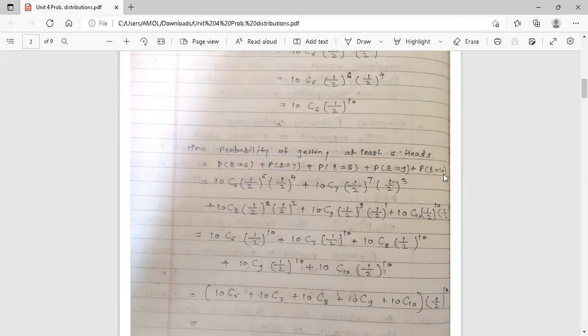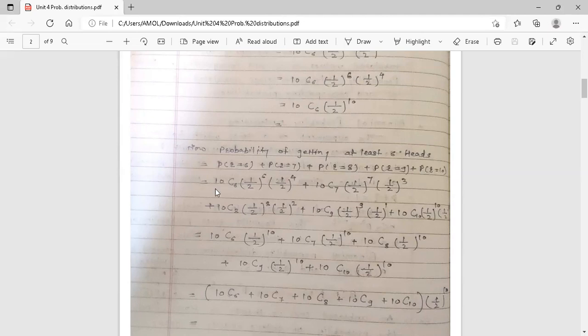So maximum 10 times you will get heads. So you just add the probability of all from R is equal to 6 to R is equal to 10, because these all are exclusive events, independent events. So you just find the probabilities for every R, which is 6, 7, 8, 9, 10, and then you add all the terms.